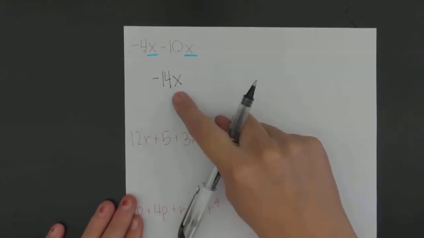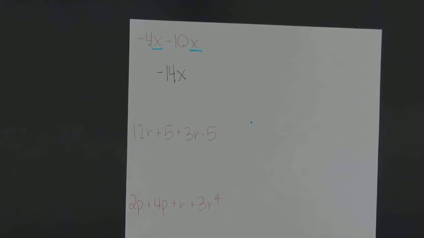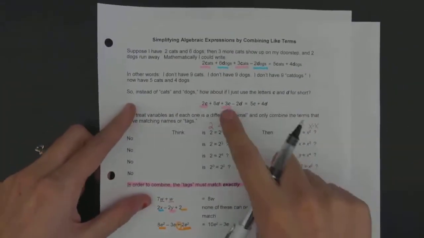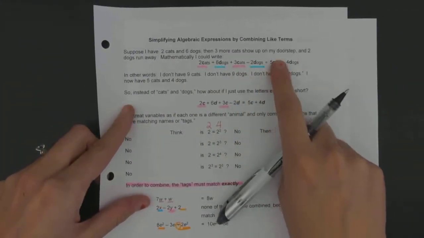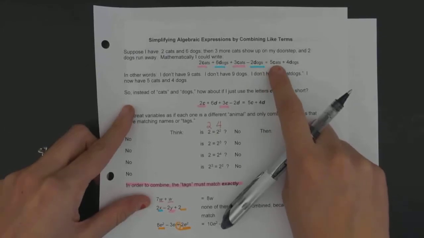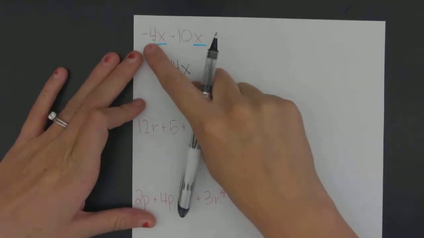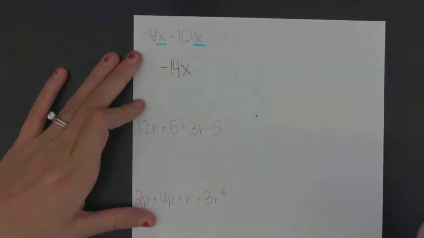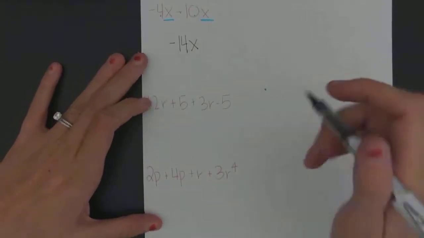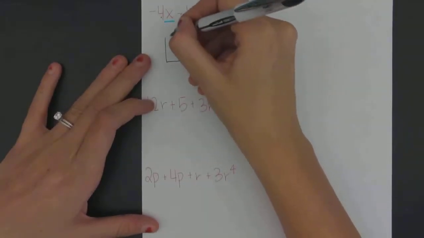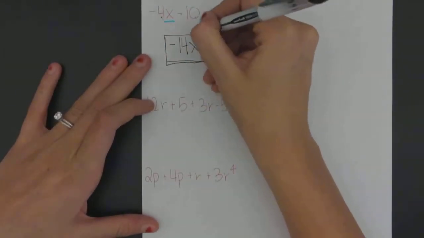That's exactly how many x's I have. If you remember our example, we didn't say I have 5 cats squared. We just said 5 cats, right? Because that's all we're combining. So again, I just do negative 14x because I had negative 4 and I took away 10. All right? So my final answer would be negative 14x when I simplified that expression.